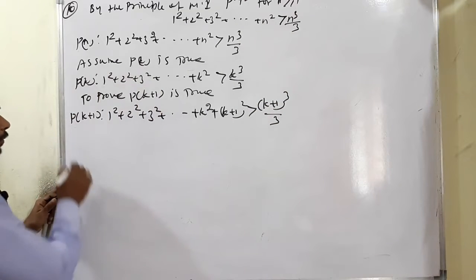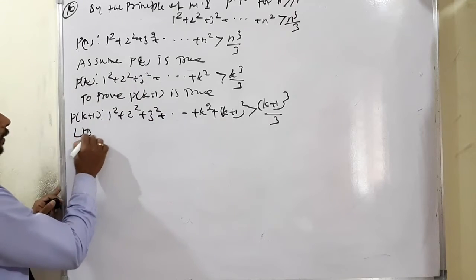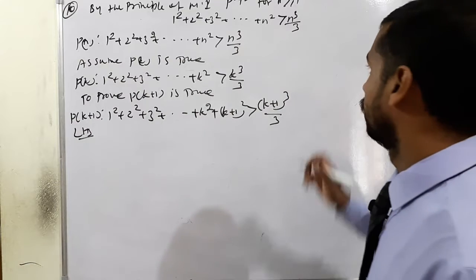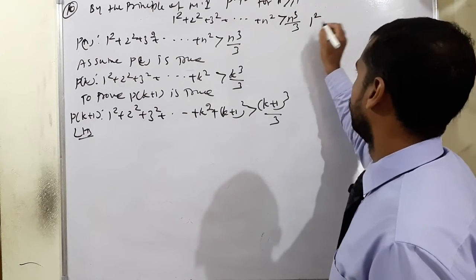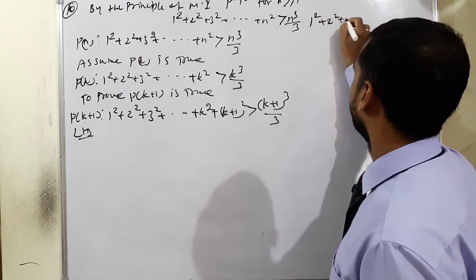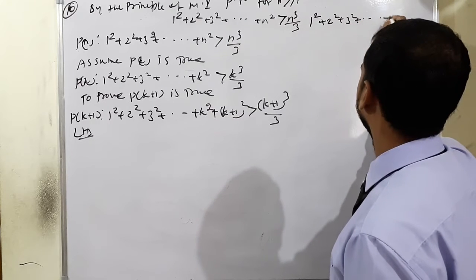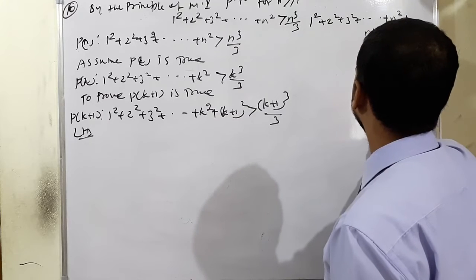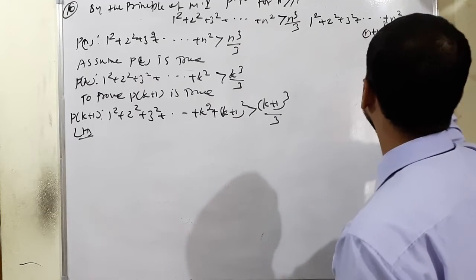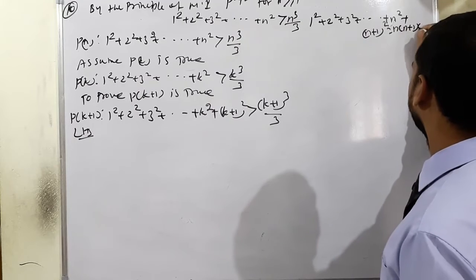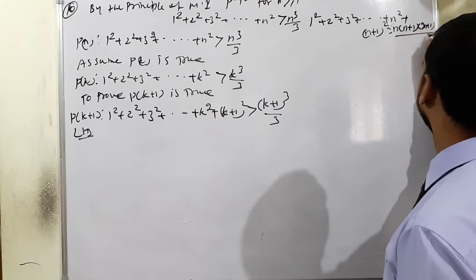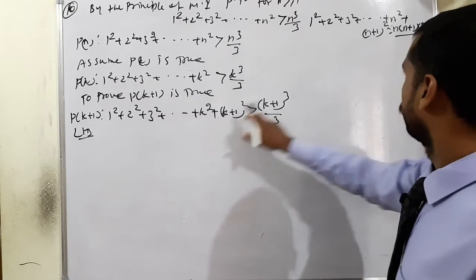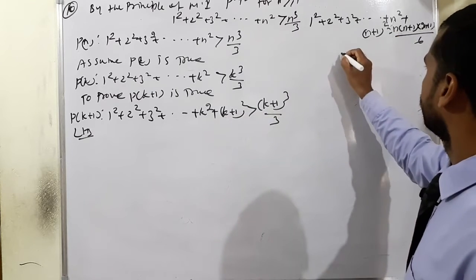Now before moving to the proof, for the LHS, we already learned, I think in example 4.62 or 63, the formula: 1 square plus 2 square plus dot dot dot plus n square is n into n plus 1 into 2n plus 1 divided by 6. Since it is up to k plus 1, each and everything instead of n we can take as k plus 1.